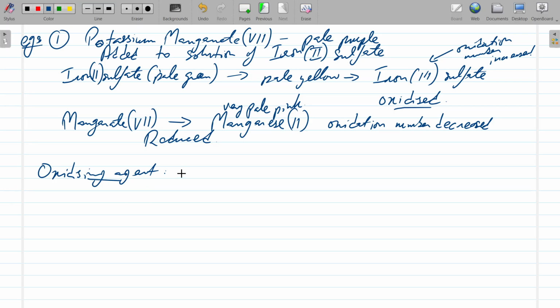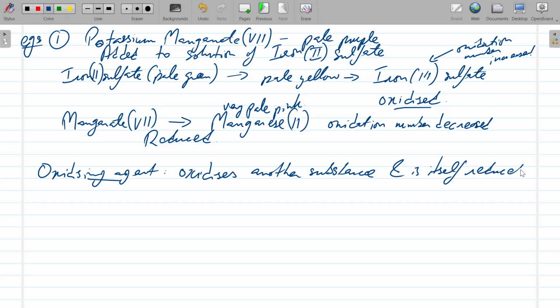An oxidizing agent oxidizes another substance and is itself reduced.